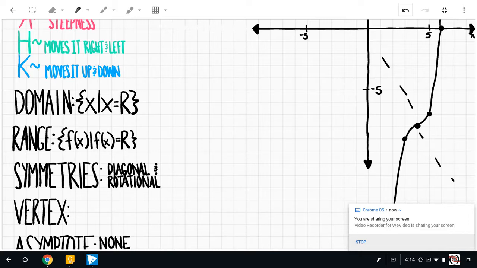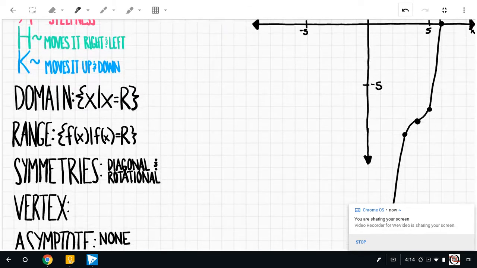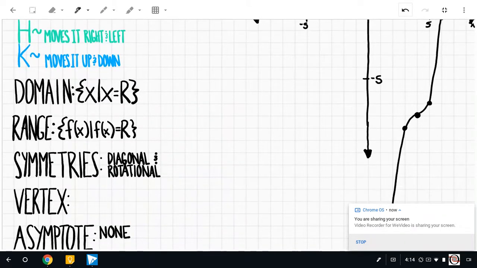That's pretty cool. It's like the vertex, it's our portal. We already talked about our vertex, but as you know, it's 4 and -8.